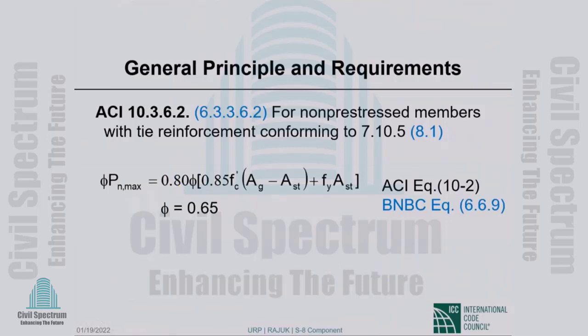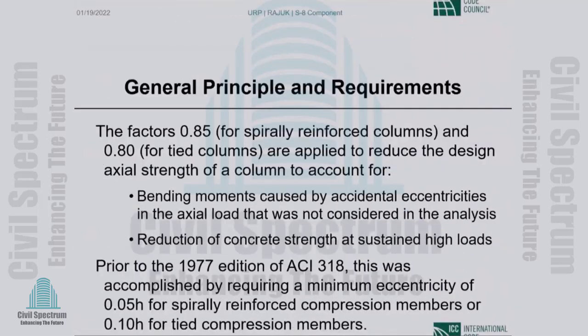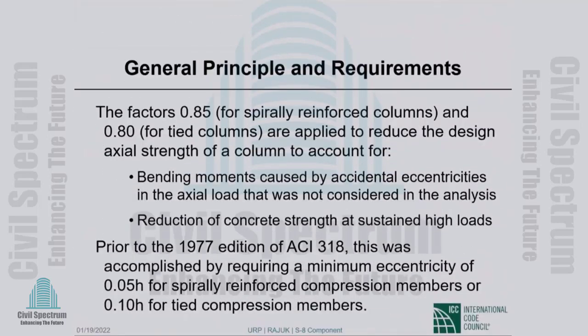For spirally reinforced columns, it is 0.85. And for tight columns, it's 0.80. Also, the phi changes from 0.75 to 0.65. So those two things happen as you go from a spirally reinforced to a tight column. The factor of 0.85 or 0.80.